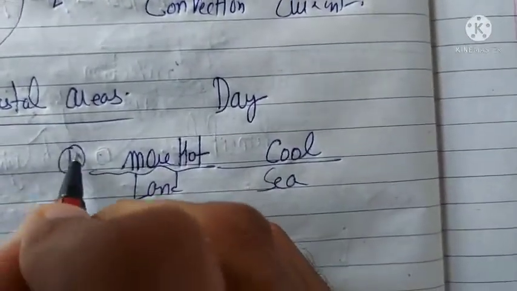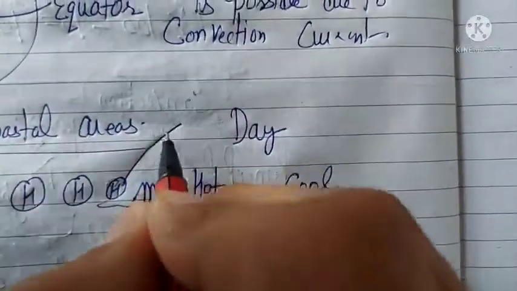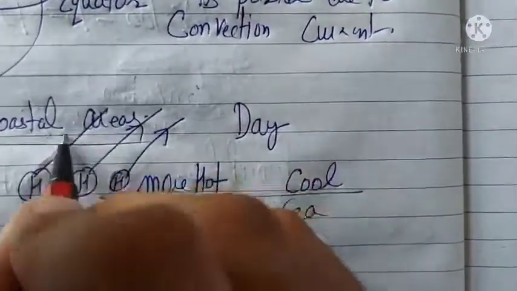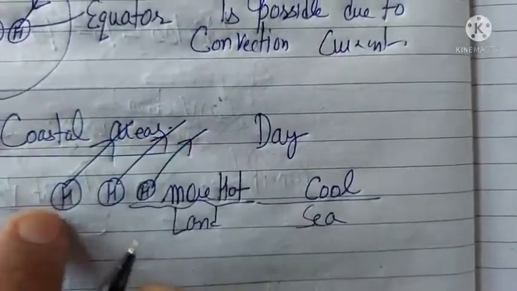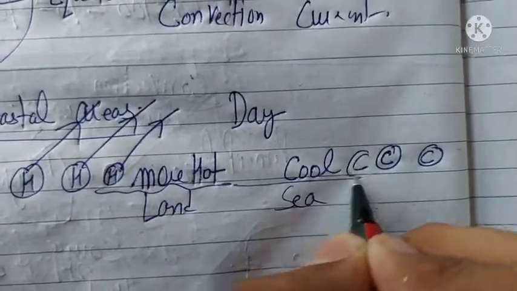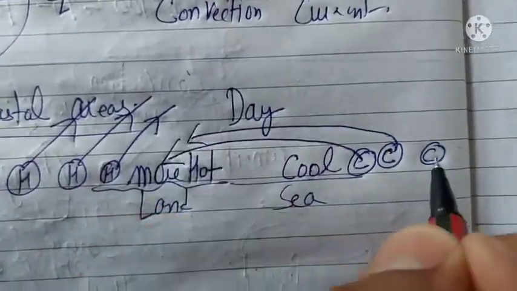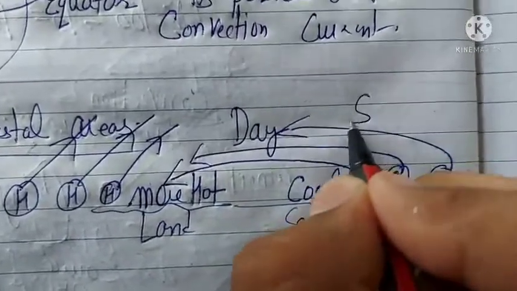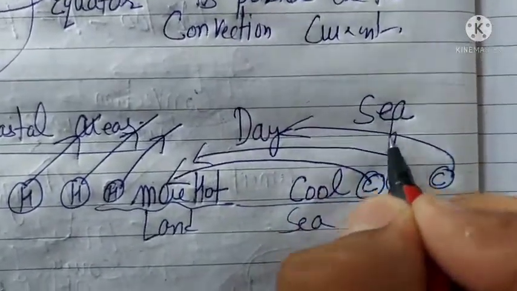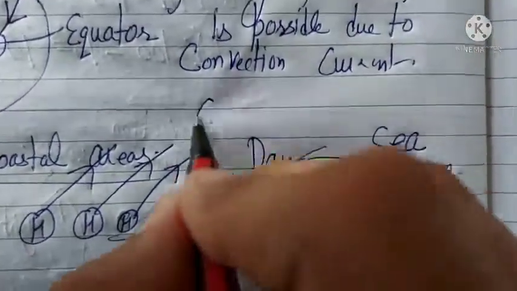So the hot air particles on the land will rise up. A free space gets created, and the cool air particles near the sea will travel toward the land. This is a sea breeze, the wind flowing from sea to land.